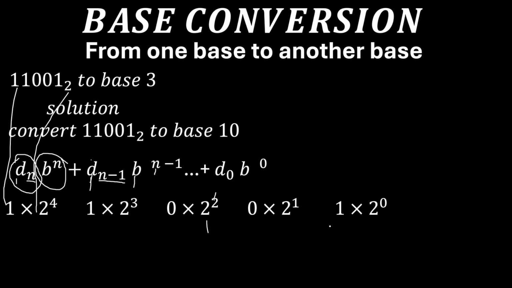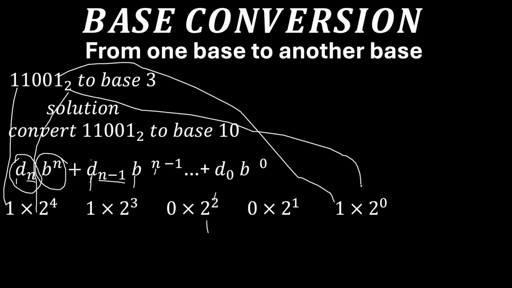The next one is 1, which is the last one here. We bring it here, then multiply by the base and by the power. So the position starts from 0, increasing towards the left direction. That is how it is done.